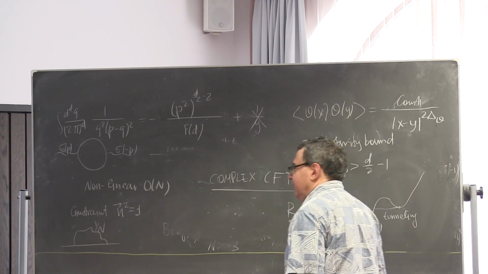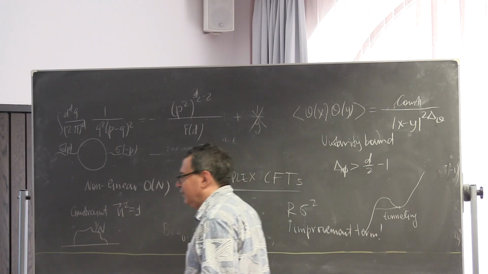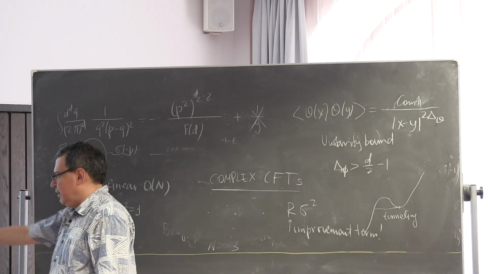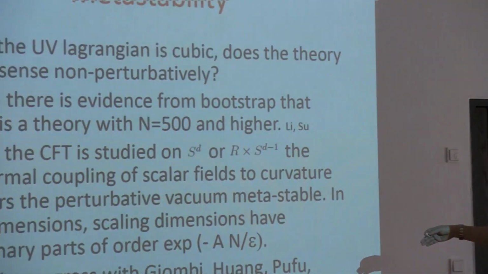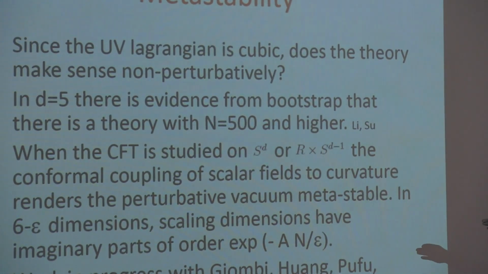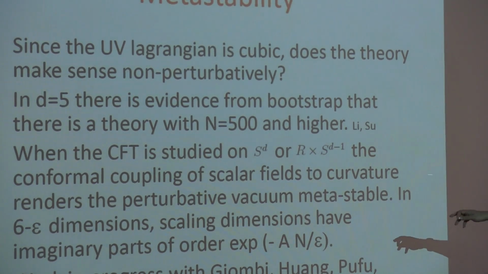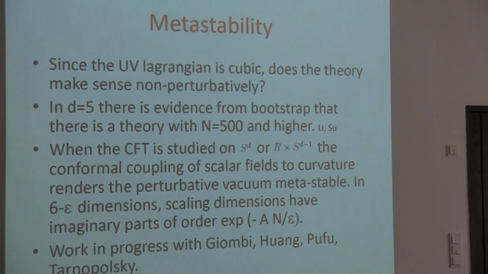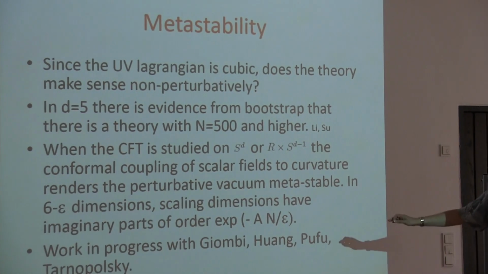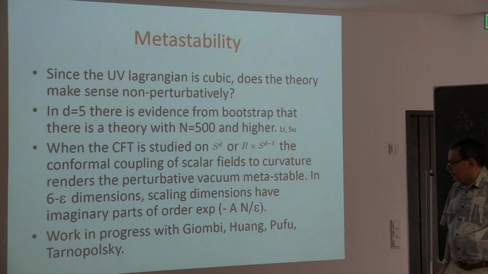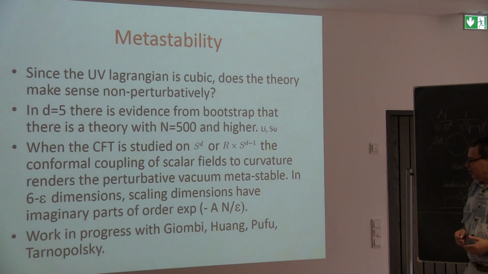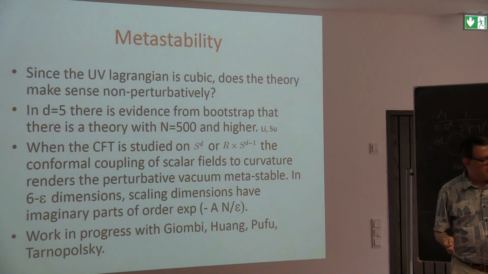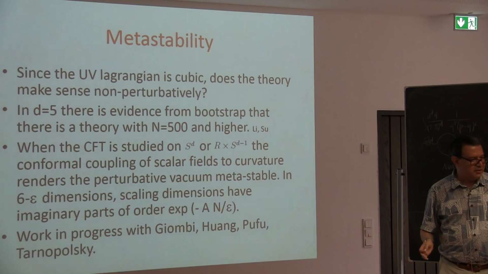So the theory is actually metastable, and we basically showed that there will be imaginary parts of scaling dimensions, but they're exponentially small, of order e to the minus N over epsilon, or even in d = 5, of order e to the minus N. If you are trying to solve this theory on a computer, and you see an imaginary part which is like 10 to the minus 100, you will obviously never notice it, right?